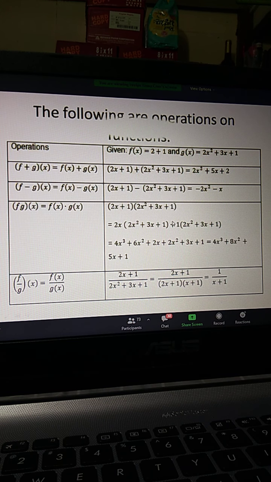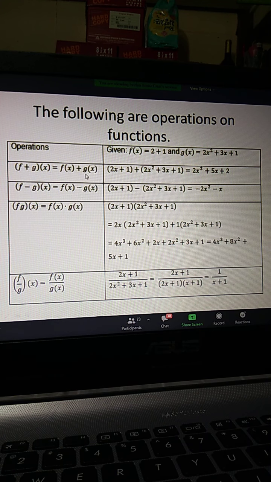So for this one, we have operations on functions. This is the operations and this is the example executed. In the addition operation, f plus g of x is equal to f of x plus g of x. Ito yung pinaka theorem. Ito yung execution. Okay?